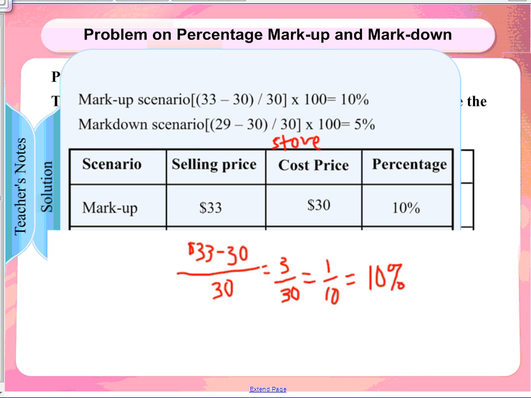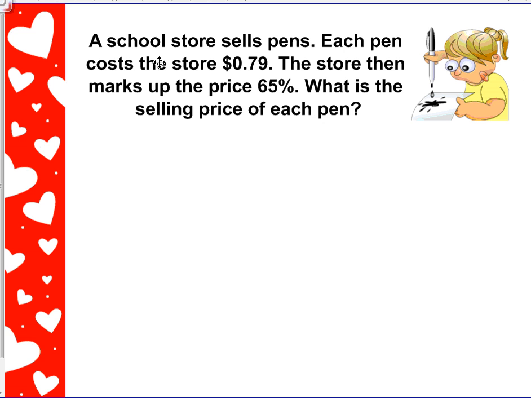Okay. All right, so here's another problem. A school store sells pens. Each pen costs the store 79 cents. The store then marks up the price 65%. What is the selling price of each pen? So you have to think about that formula again, the markup over the store cost.